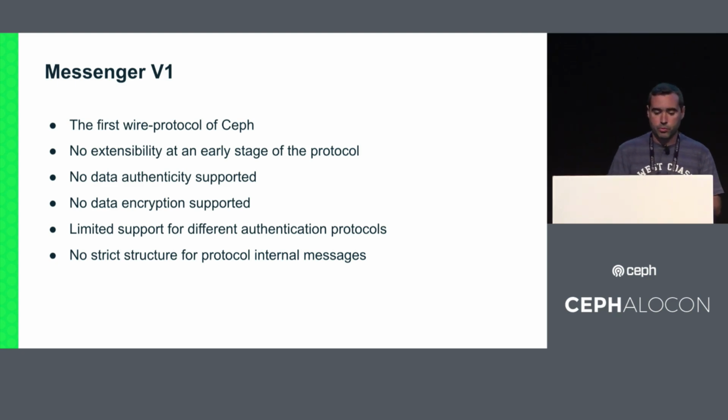One of the problems was that it didn't allow us to extend the protocol. If we required changes to the protocol at a very early stage, it wasn't supported, and the only way to change the protocol would be to introduce breaking changes. So it was not possible to extend the protocol and still be compatible with previous versions of Ceph.